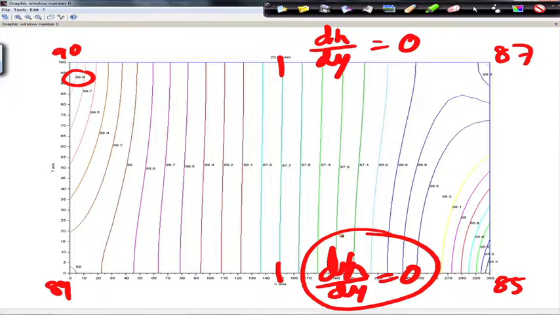So the contour lines are perpendicular. Obviously these are crossing this right and left boundaries, because we have specified values at that level. So from your contour plot also you can verify whether your solution is giving correct results or not.